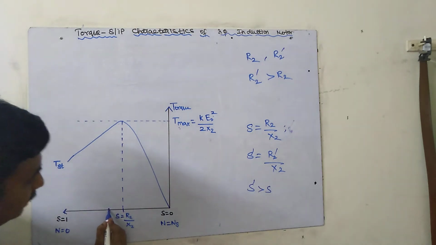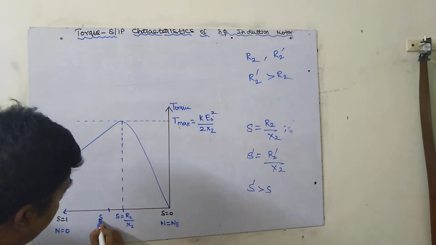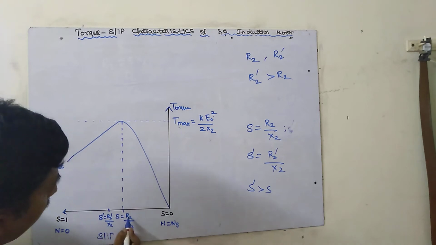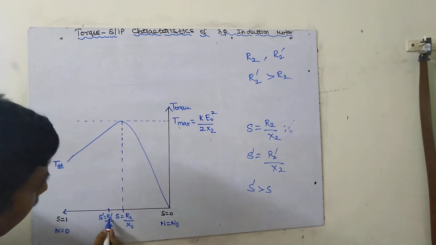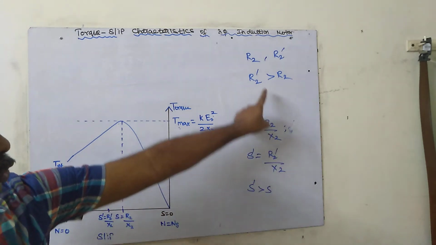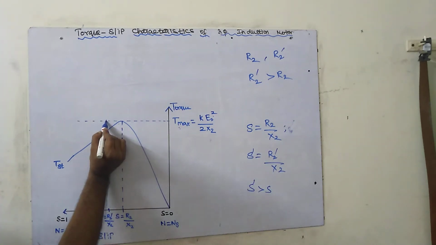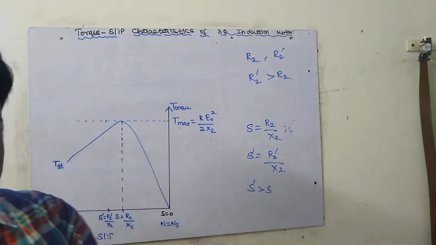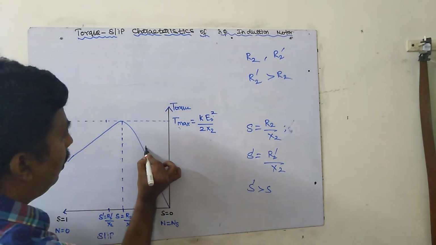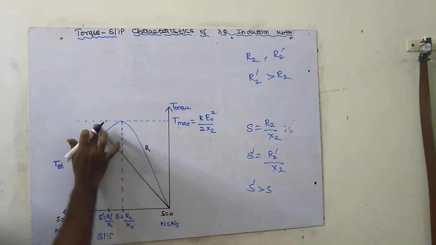The location at which maximum torque occurs will change. This is the location where maximum torque occurs for R2 dash. What will happen? The curve will be like this.